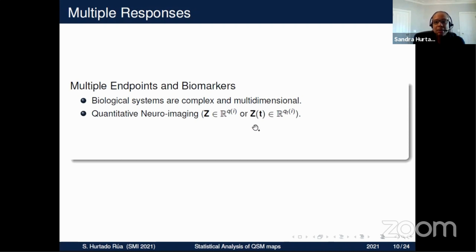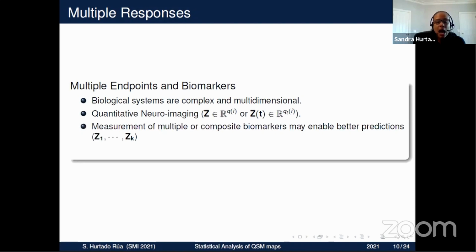So from that imaging, we will extract a vector whose dimension will depend on both the patient and the time, because a person can develop more and more of this type of lesions. And it's also more challenging when you want to extend this to different biomarkers, not only QSM, but maybe combined with myelin fraction and so on. So you will have K of them, and it will be fixed.